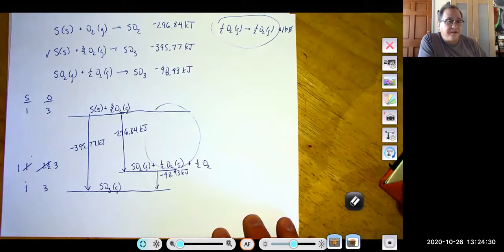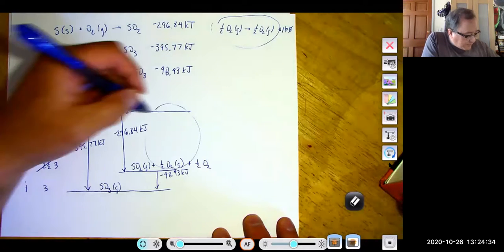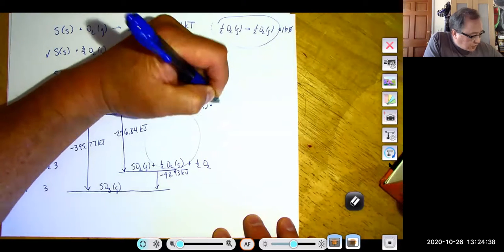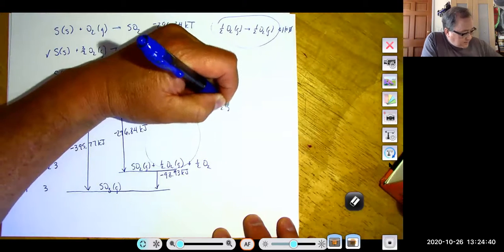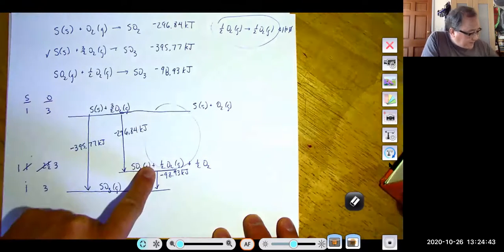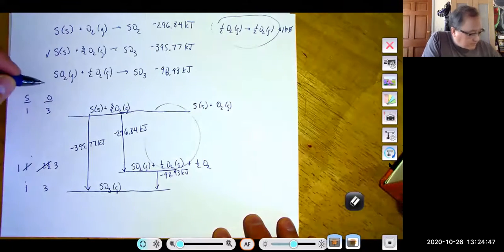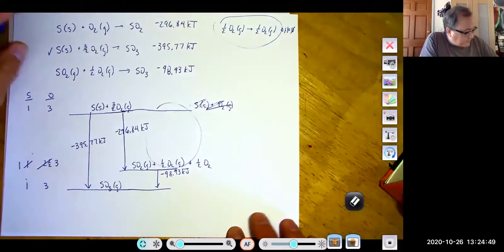It's kind of hard to see, but it's in there. What's really happening here is if I rewrite this, we have sulfur solid plus O2 making this. And then we have... oh shoot, let me think about this.